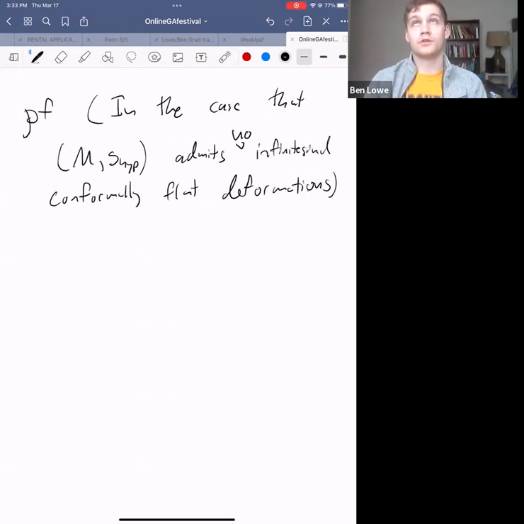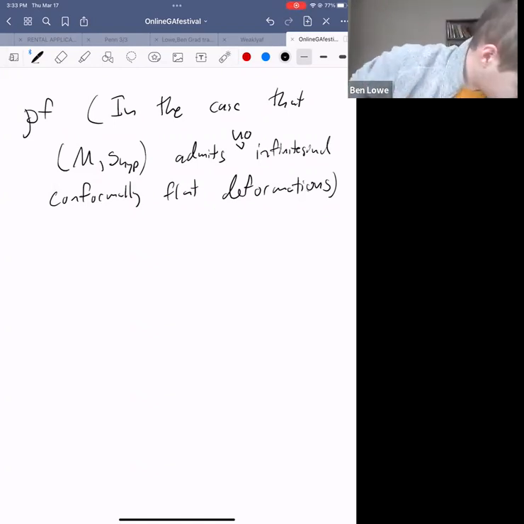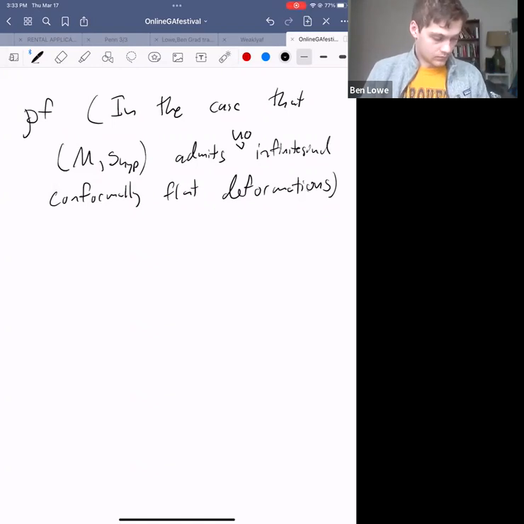So anything else I want to say? Okay. The proof is going to be: we have some metric with scalar curvature at least -6, and then we're going to run Ricci flow, which, up to scaling, will take us back to the hyperbolic metric after finitely many surgeries.